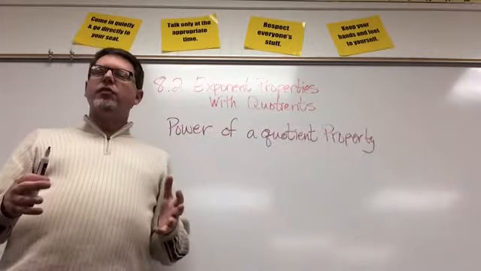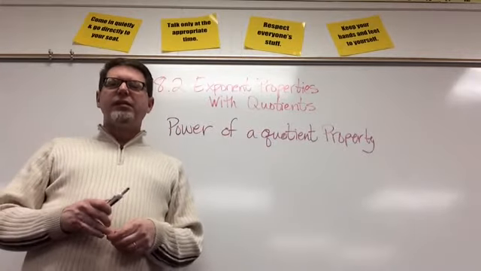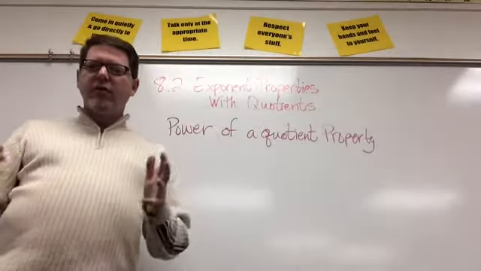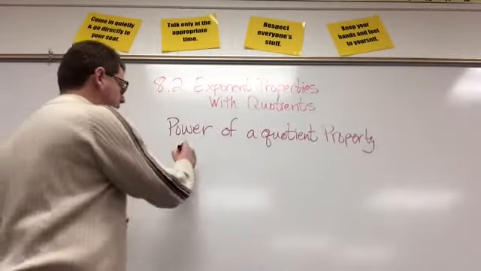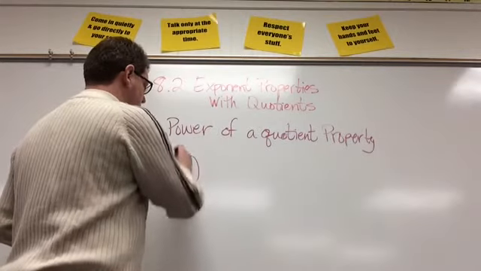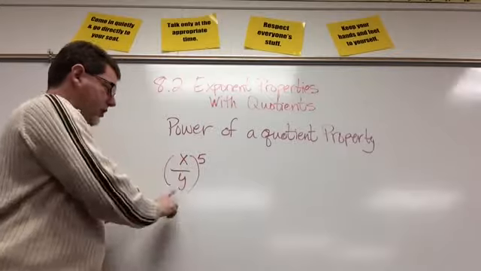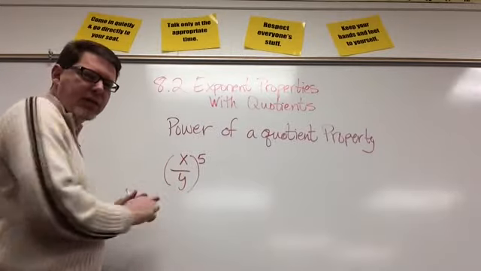The next property that we have when we're dealing with quotients is the power of a quotient property. So when we've got a power of a quotient, it's going to look something like this: x over y to the 5th power. That is the power of a quotient, because we've got dividing going on inside the parentheses.